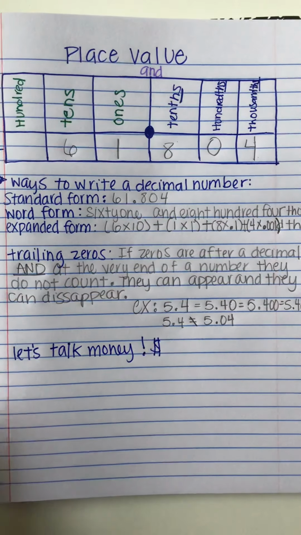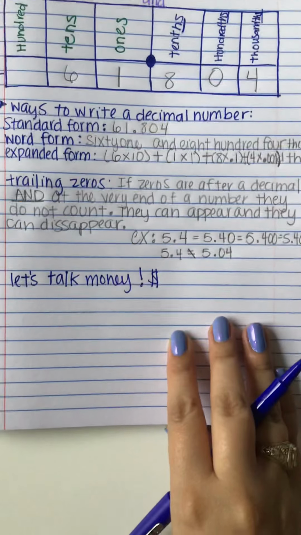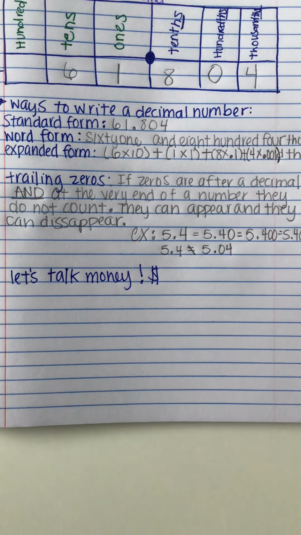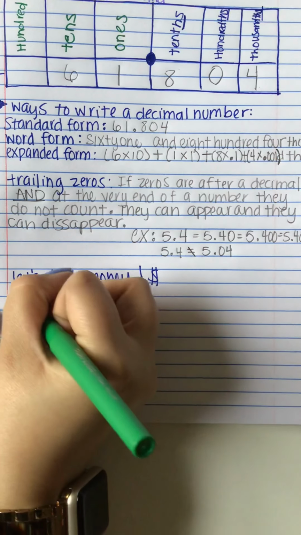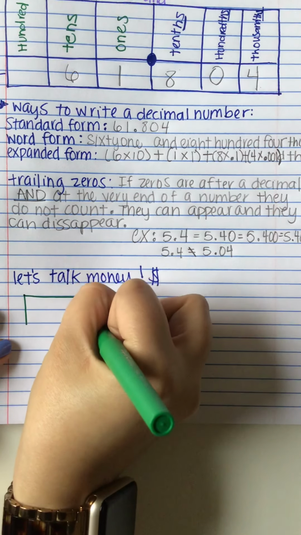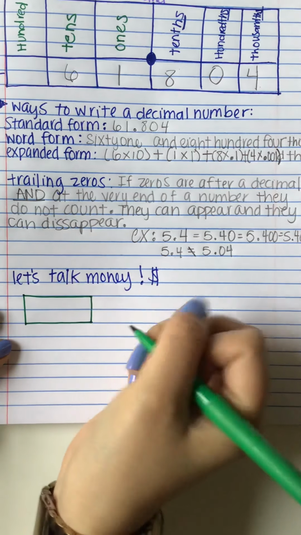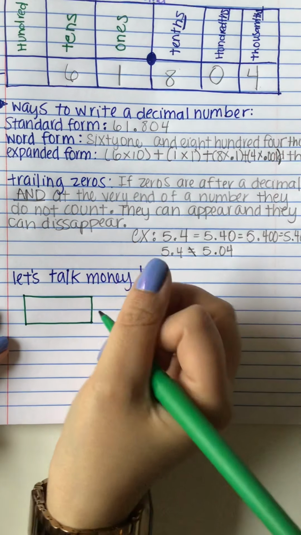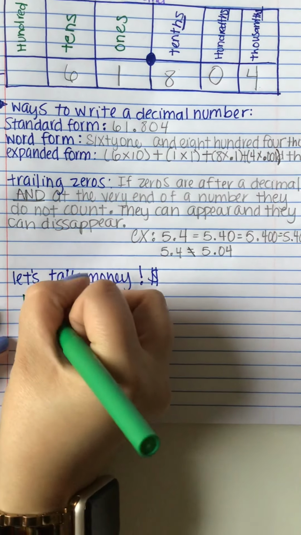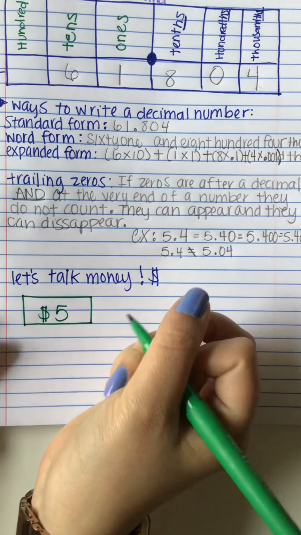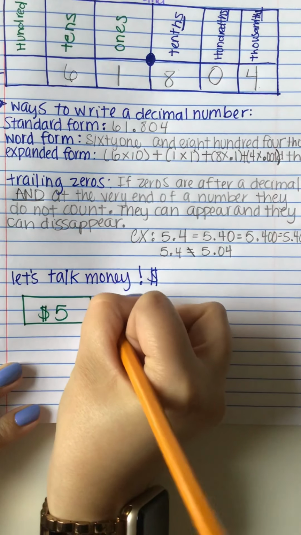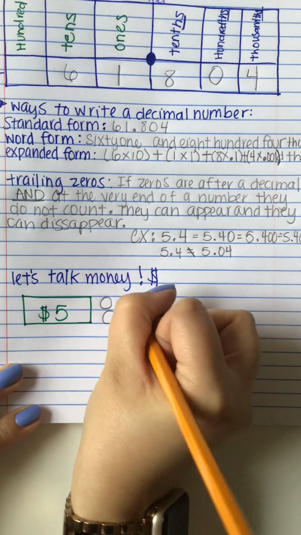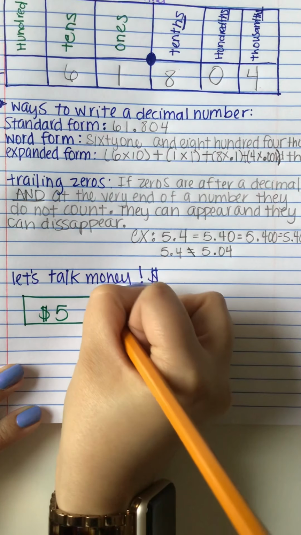So for money, let's say we have a $5 bill, and then we have 30 cents.